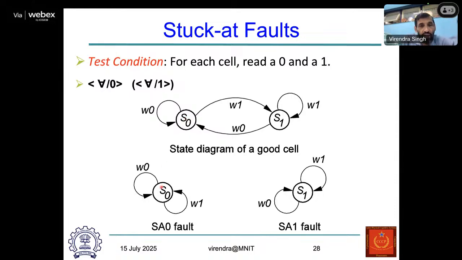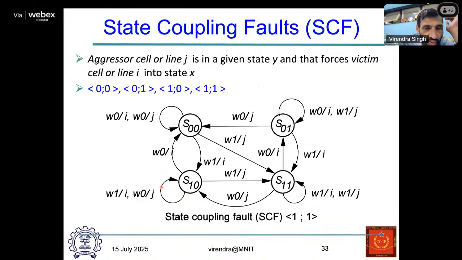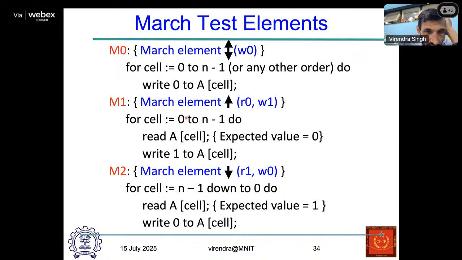So I will go back and read value 0 in one order of address. First I have written 0 everywhere. Now I will start from cell 0. First I will read 0. Read 0 will ascertain whether there is a stuck at 1 fault or not.